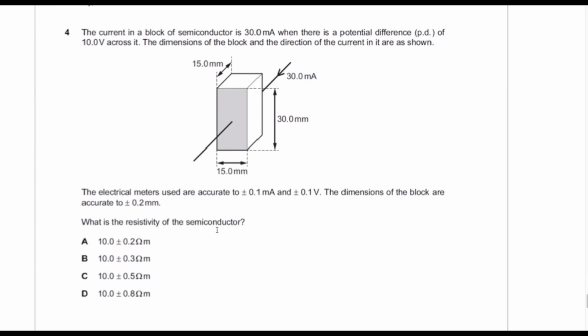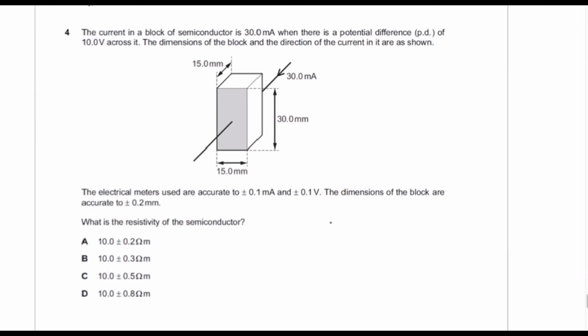So we need to know the formula of the resistivity. Of course, you may be wondering, I haven't learned resistivity yet, how do I know? Our concern is not the resistivity formula. Our concern is how to count the error.